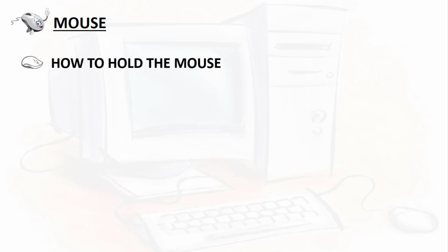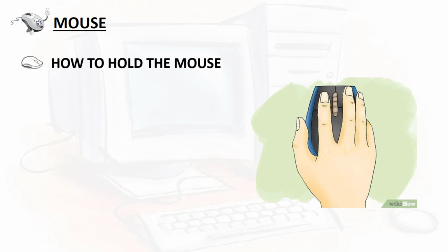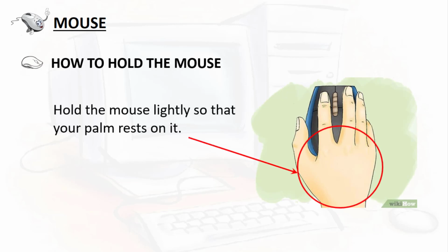How to hold the mouse? Now we are going to learn how we can hold the mouse whenever we are using it with the computer system. As you can see in the picture, hold the mouse lightly so that your palm rests on it.